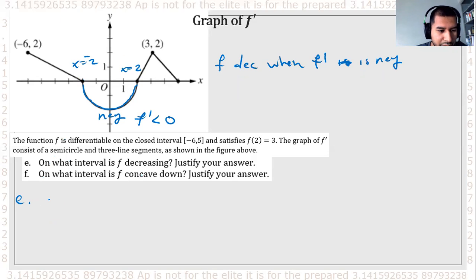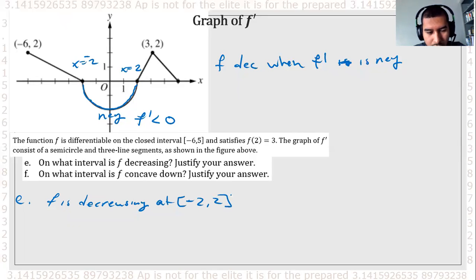So for E, f is decreasing on the interval that we found, negative 2 to 2, because f prime is less than 0. I think that's the shortest we can write it, and it talks about everything.